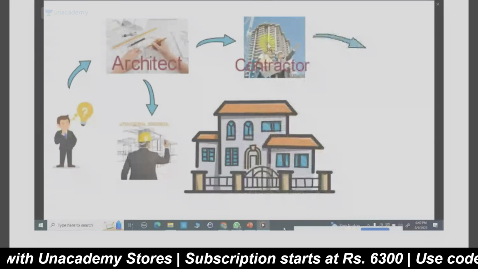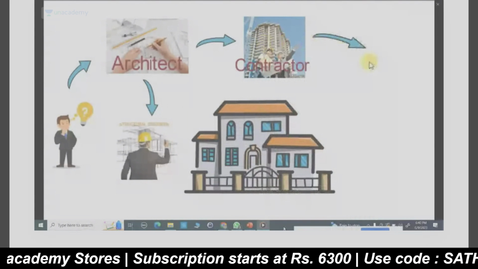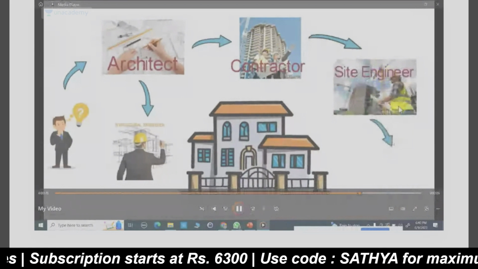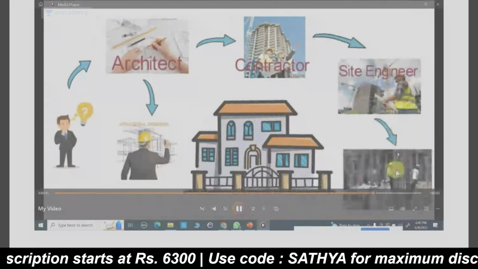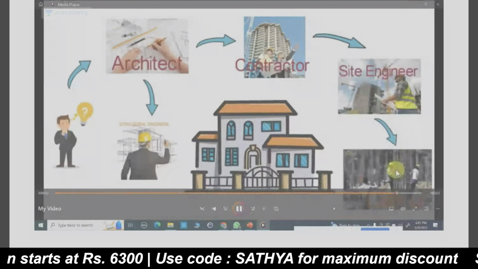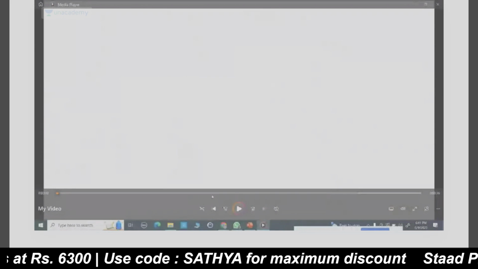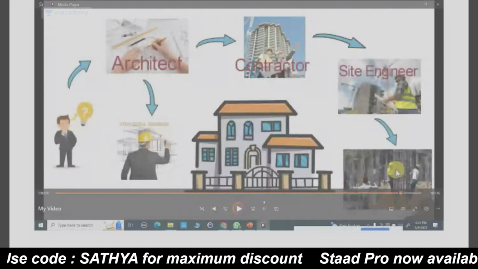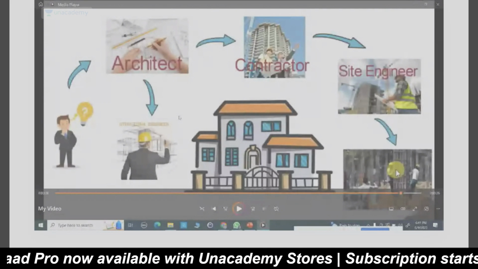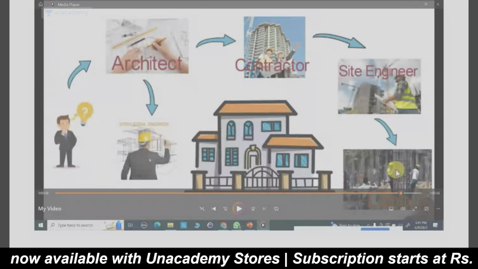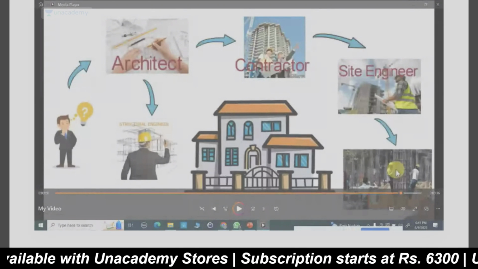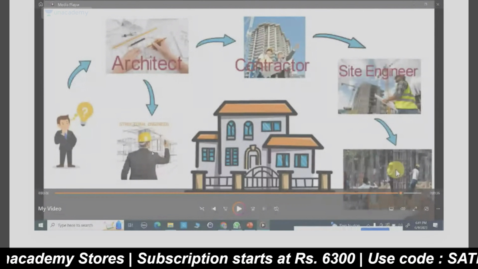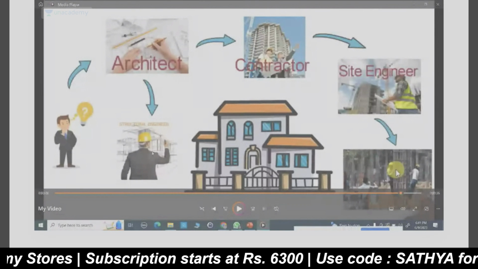The contractor has to give the work to the site engineer, and then the site engineer has to instruct the labor and get the work done as per the architectural drawing and then the structural drawing. So this is the workflow. Here the structural engineer's important role is to design the structure. That is, the skeleton of the structure has to be designed by the structural engineer.